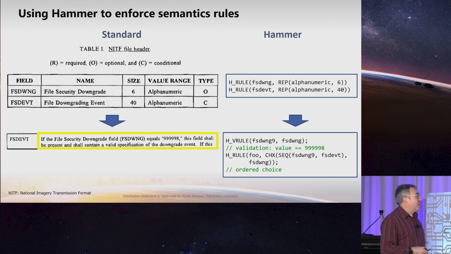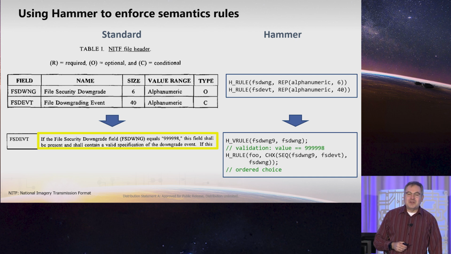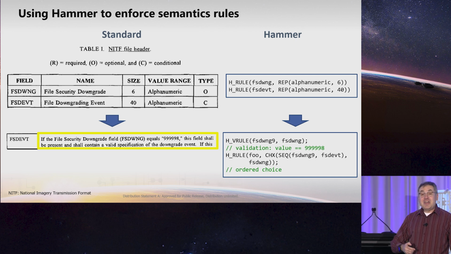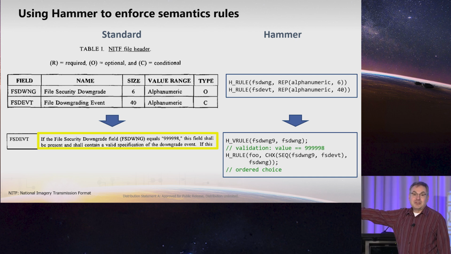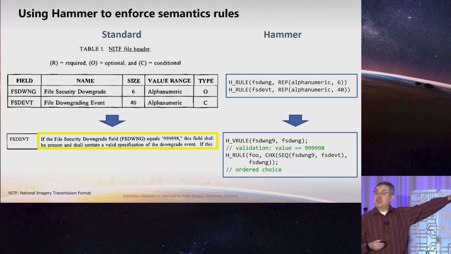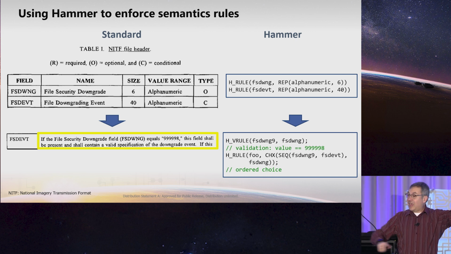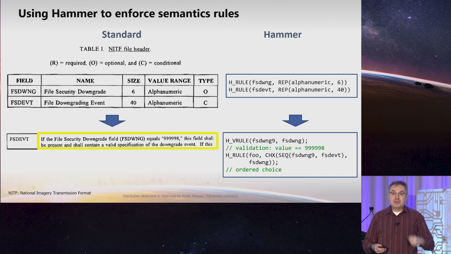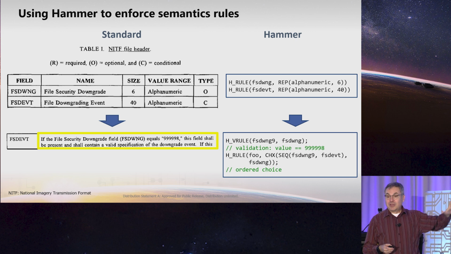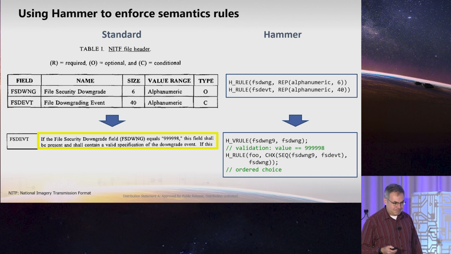And in this case, there's a rule that says if this particular field happens to have this particular 6-digit number, then something else over there had better be true. And there is a way that you can write these kinds of non-local rules that says that this thing implies that thing. So it's not just about the grammar. You can also express these non-local rules and relationships.